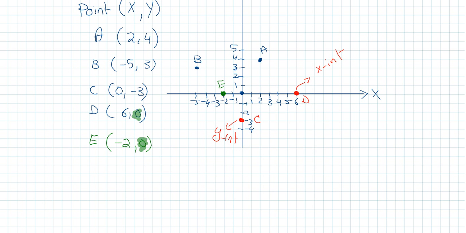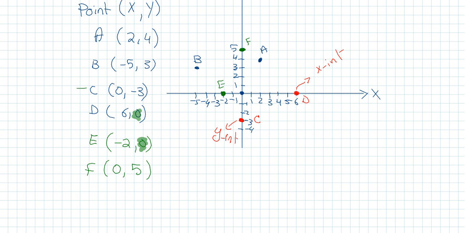Okay? Now, if I give you another point here, what would be this point? 0, 5. And this point is located on which axis? On the y-axis. So it's the same as this, no?